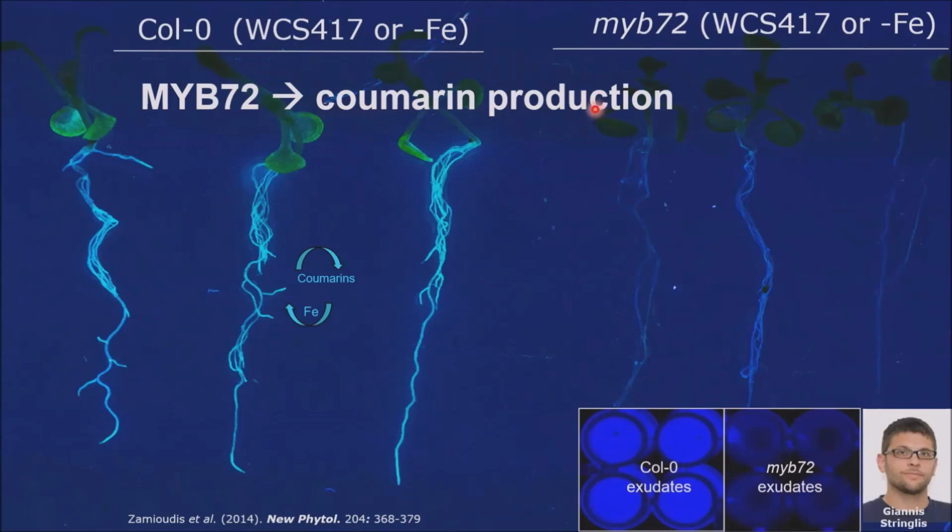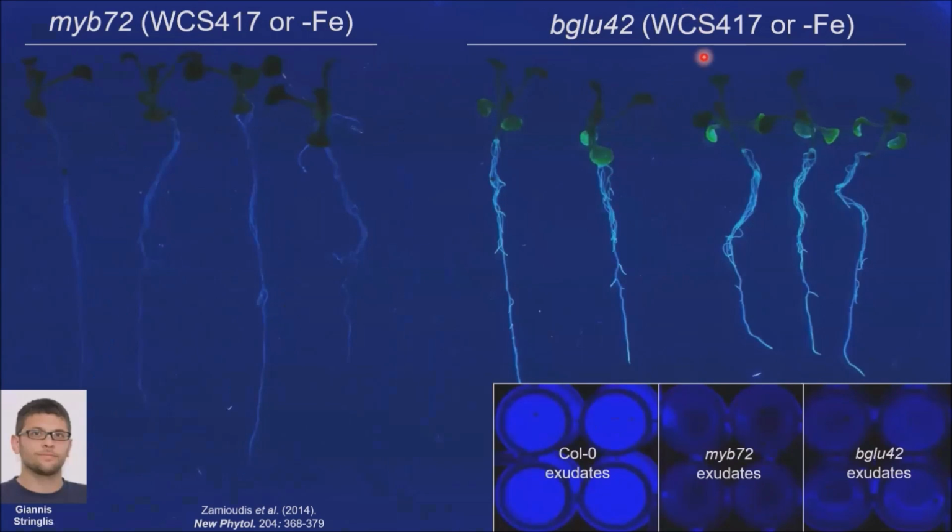Then I come back to this BGLU42 gene that I mentioned before, that is regulated by the MIP72 transcription factor. If you use the BGLU42 mutant and you apply WCS417 Pseudomonas bacteria or iron deprivation, then you can nicely see that they still produce coumarins, as you can see here. In the MIP72, no coumarins at all.